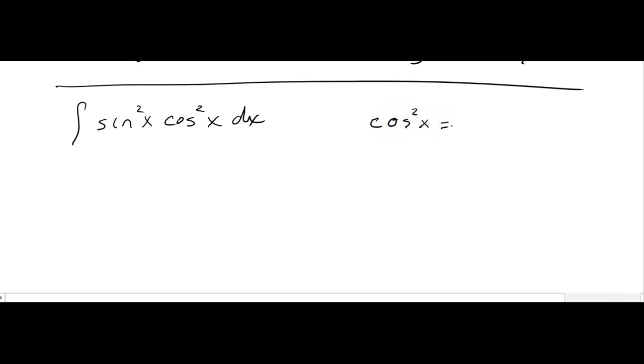So what do you mean by power reducing? We're going to take a squared and turn it into something that's not squared, which is 1 plus cosine 2x over 2. And sine squared x equals 1 minus cosine 2x over 2.